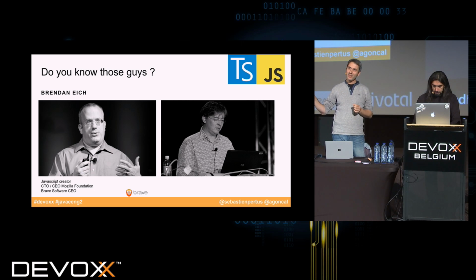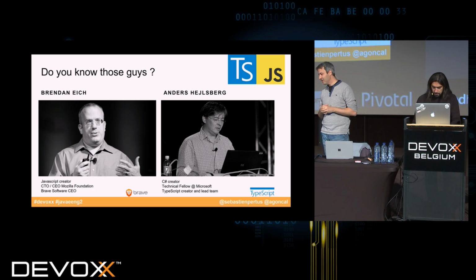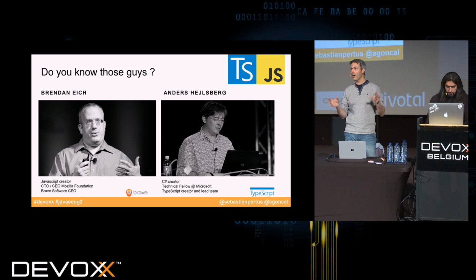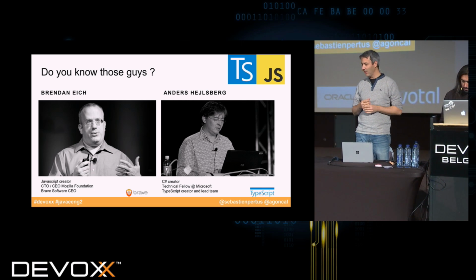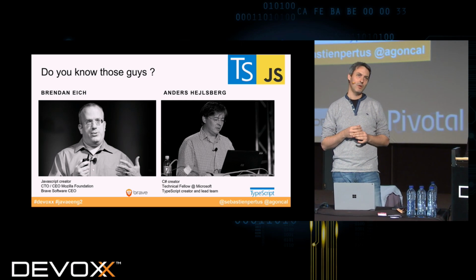And the man on the right, maybe someone, it's a little bit harder. Okay, no one. It's Anders Hejlsberg, okay, with the pronunciation, and he is the daddy of C#. He's the C# creator. He's from Microsoft. He's a technical fellow at Microsoft, and actually is the lead on the TypeScript project.